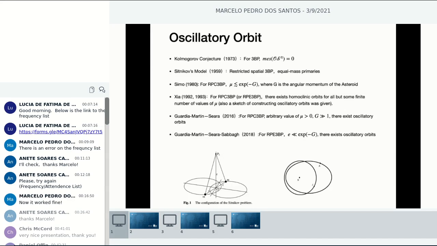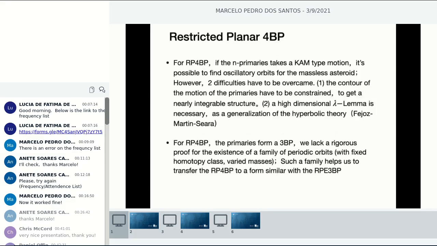So now we turn to our restricted planar four-body problem. For this model, we know that the primary is a three-body problem. So the intuitive idea is to consider the KAM orbit for the primaries. If we get a KAM quasi-periodic orbit for the three-body problem, then we add the massless fourth body.